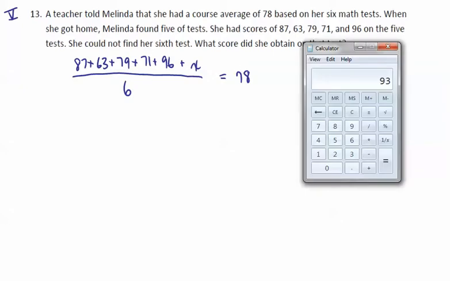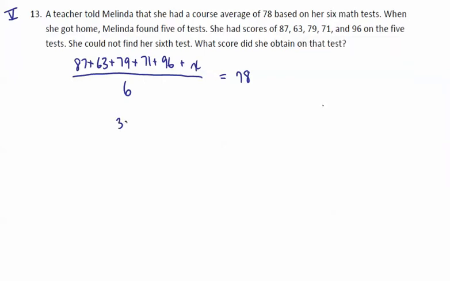So when we add these values up now, we're going to get 87 plus 63 plus 79 plus 71 plus 96 is going to give us a total of 396 plus x divided by 6 equals 78.